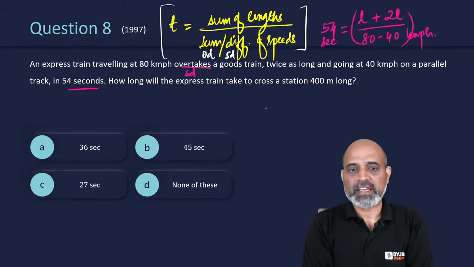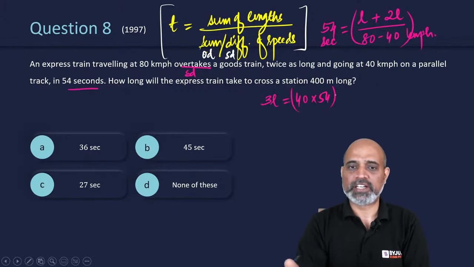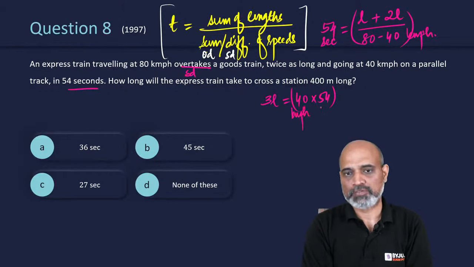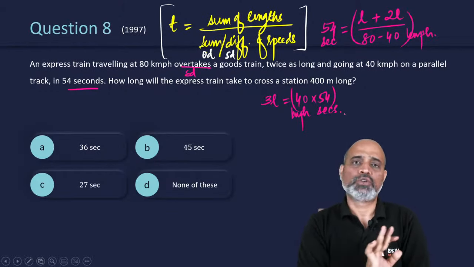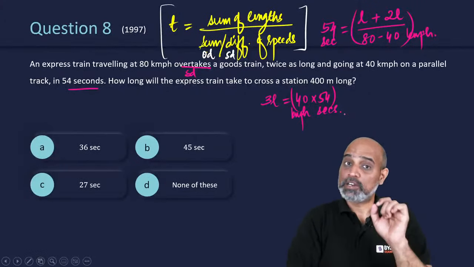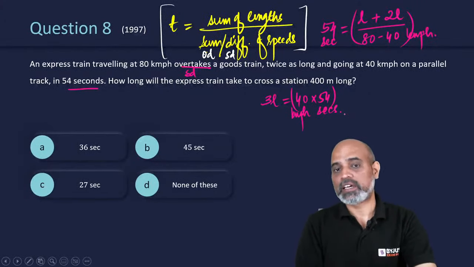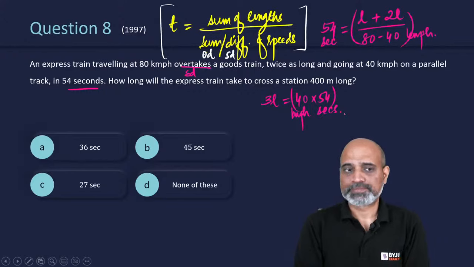If I rearrange, I will get 3L equal to 40 into 54, whatever unit it is. 40 is in kilometer per hour, 54 is in seconds. Don't worry about conversion. I will convert only in the final step, not now. I'm not going to waste my time here.